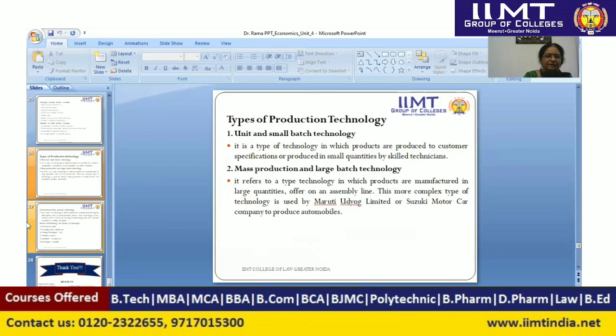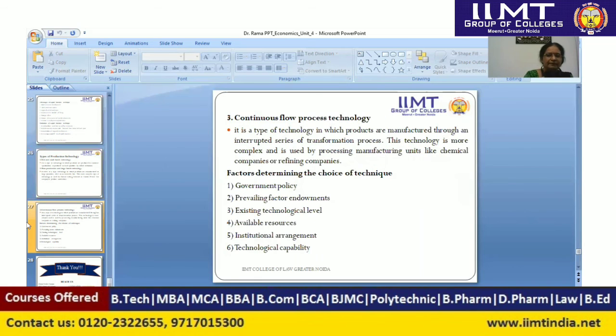And mass production large batch technology refers to a type of technology in which the production is made in large quantity, often on an assembly line, and we can see it used by Maruti Udyog Limited and many other companies to produce automobiles. Thank you.